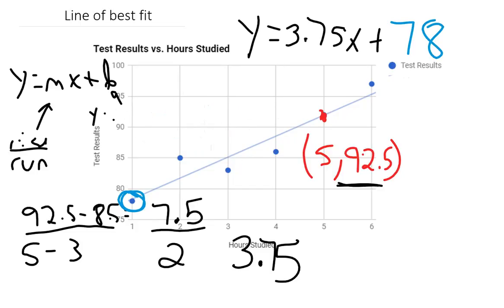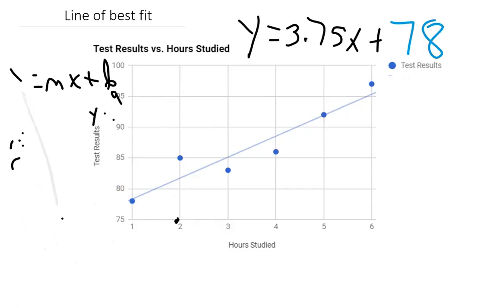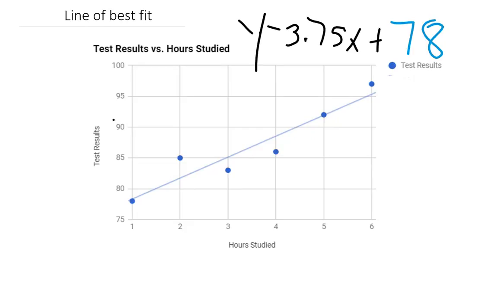Now if I get rid of my work here a little bit, I've got my linear equation, which I found with my rise over my run of that trend line. Oops, I want my y equals back. So my y equals 3.75x plus 78. If we interpret this a little bit, that means that if I did not study at all, 0 hours studied, I could expect a score of 78 because that is my y-intercept.